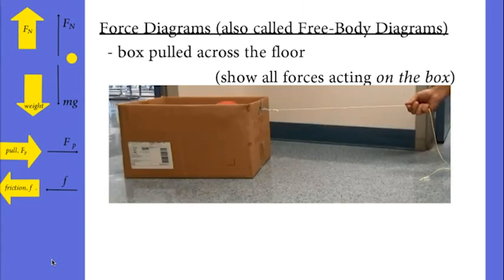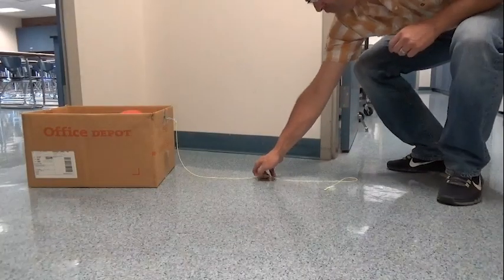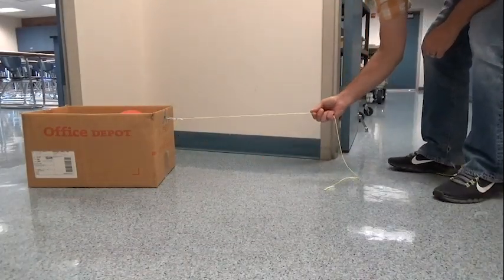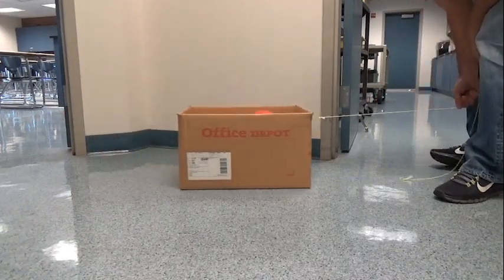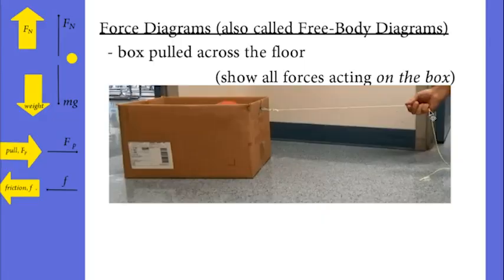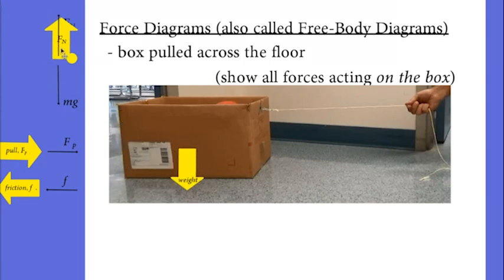In this next example, let's look at a box being pulled across the floor by a horizontal string. Of course, the box has weight. The floor supports the weight of the box with the normal force.